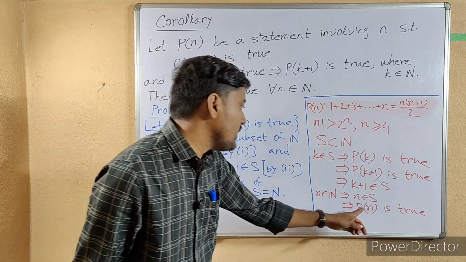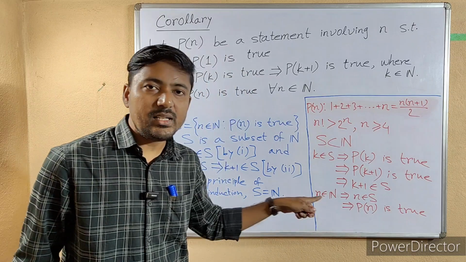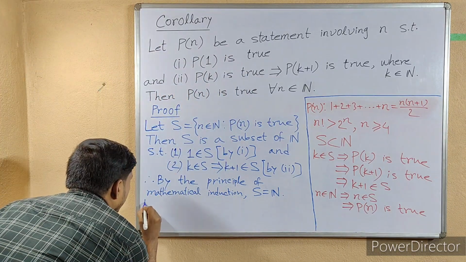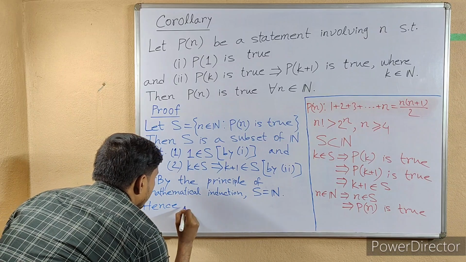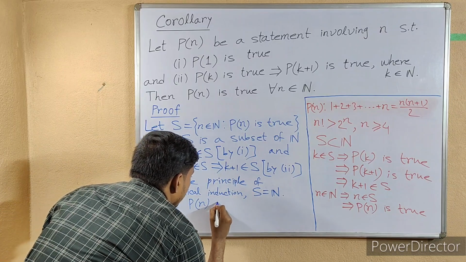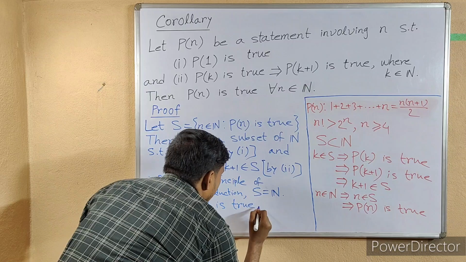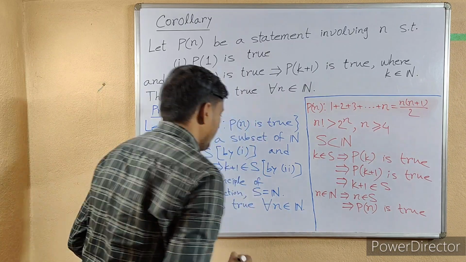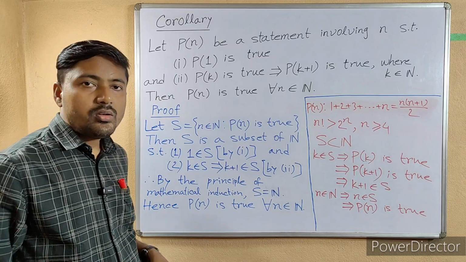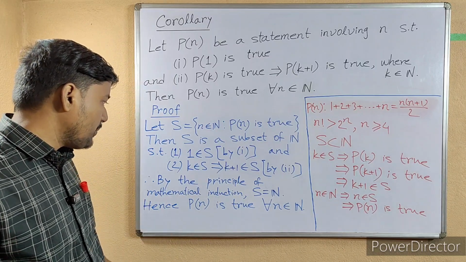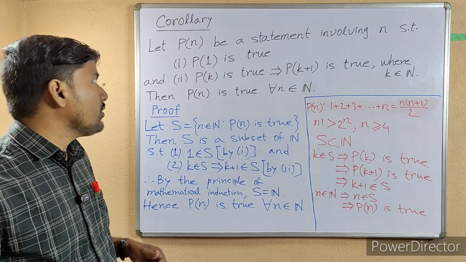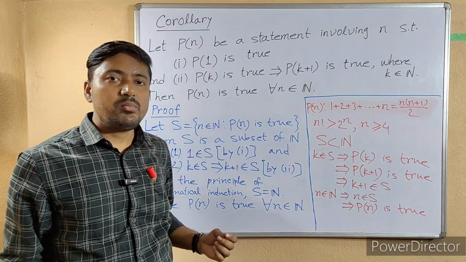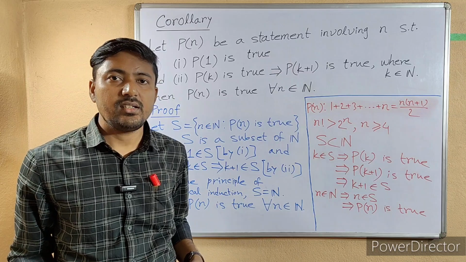That is, Pn is true for all n belongs to N. Hence Pn is true for all n belongs to N. This completes the proof. So we have proved the corollary of the first form of the principle of mathematical induction.